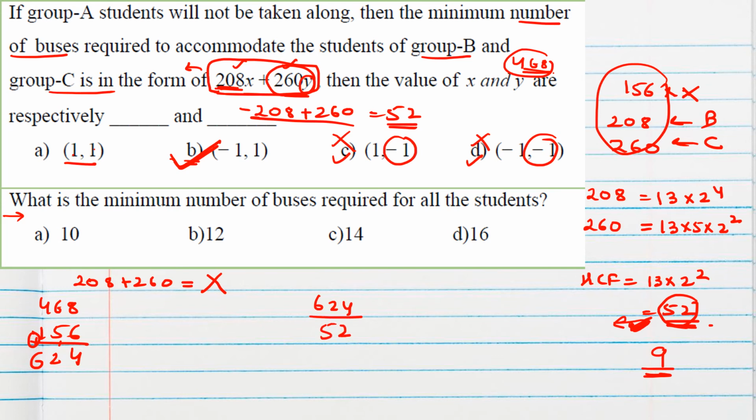If you cancel this, the total number of students and the HCF, or you can write the maximum number of students to be accommodated in each bus, that will give the minimum number of buses.